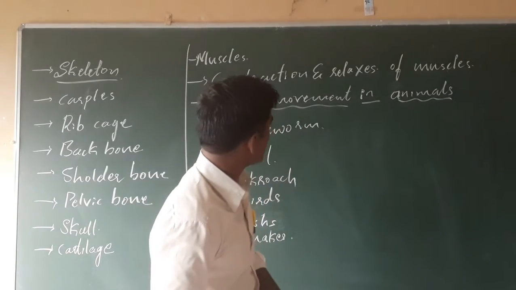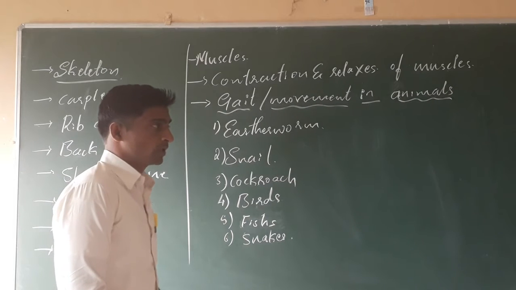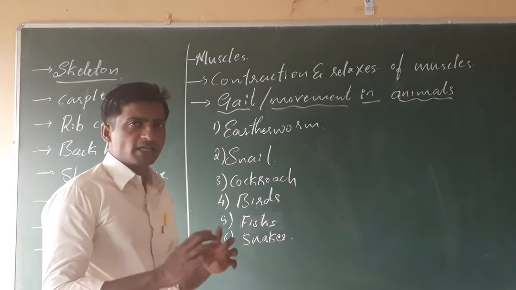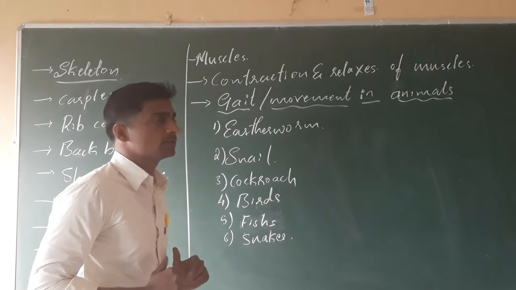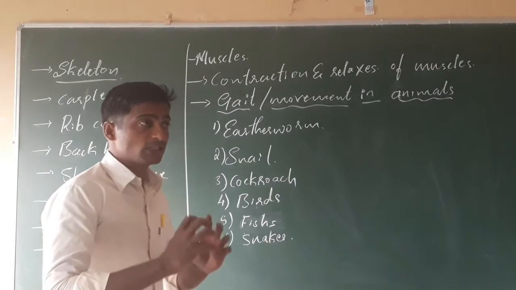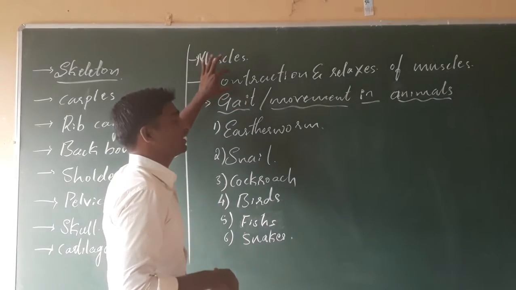Next, dear students, muscles. Bones are not enough to give mechanical support. Along with them, a number of muscles are present in our body that give contraction and relaxation. Because of that, movement occurs in living organisms.